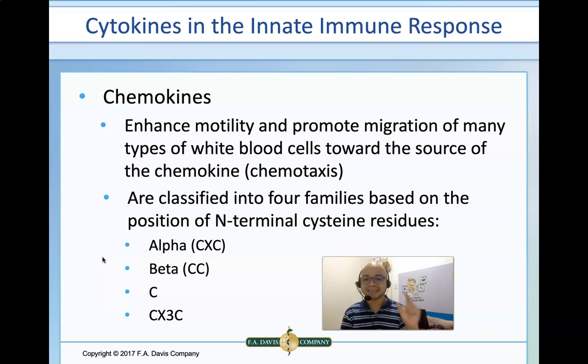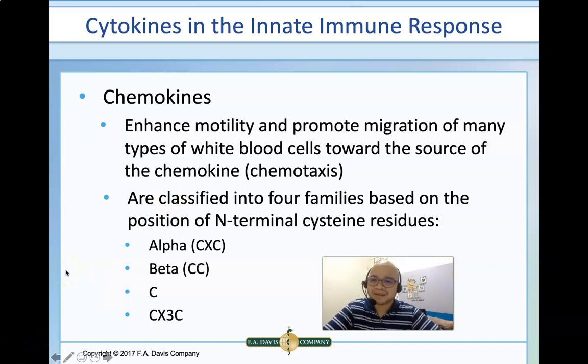A single cysteine, C. And then you have CX3C, where you have a cysteine, then three other amino acids, then another cysteine. So that's why it's CX3C. That's the classification of chemokines.